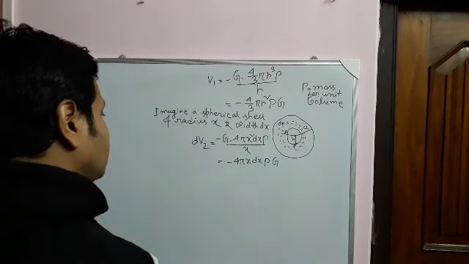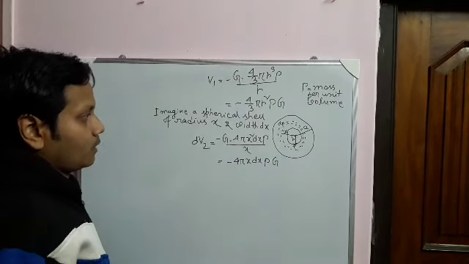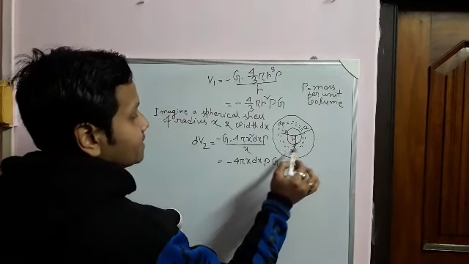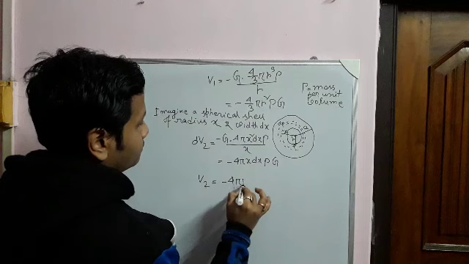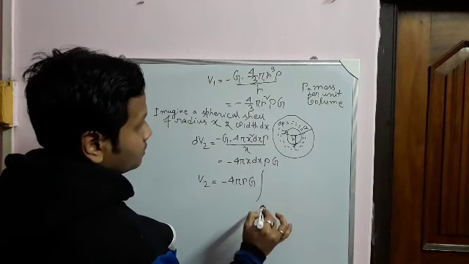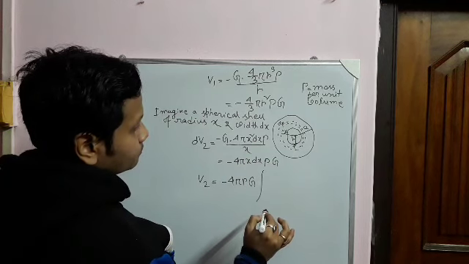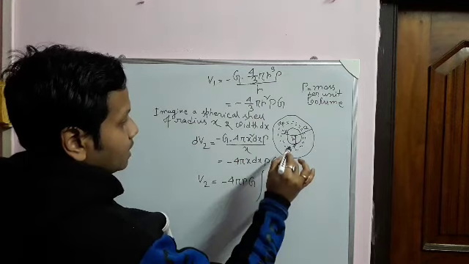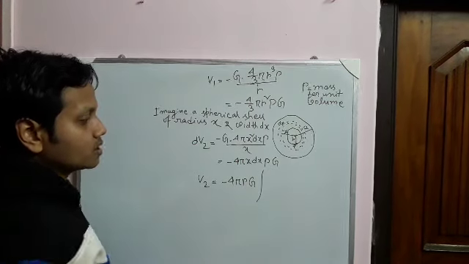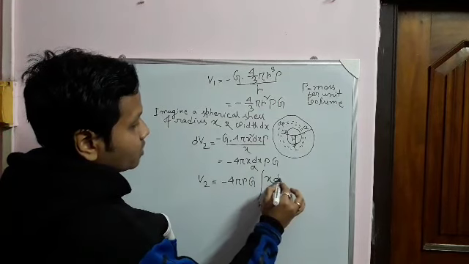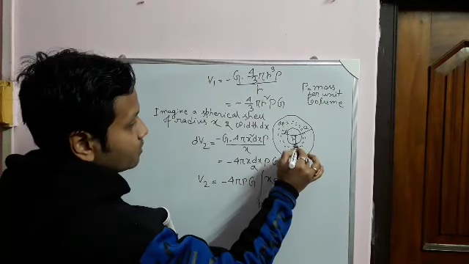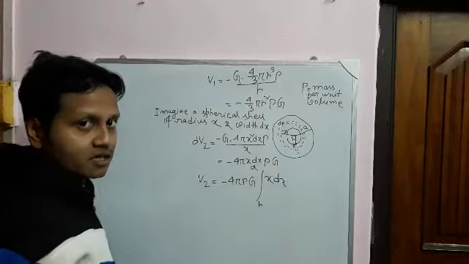Now if we integrate this expression within the limits x equal to r to x equal to a, we will get the potential due to the rest part.